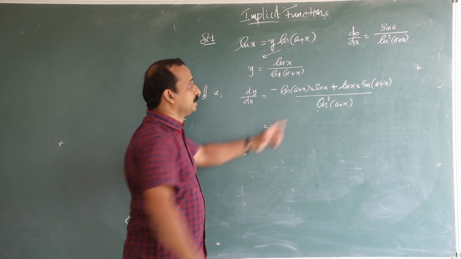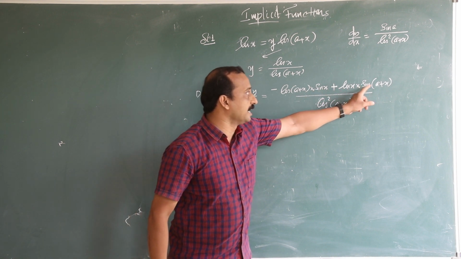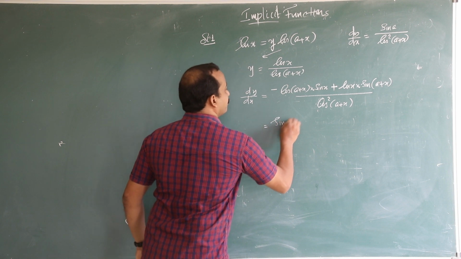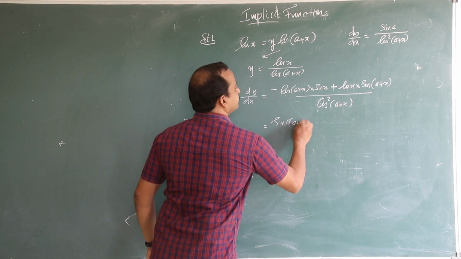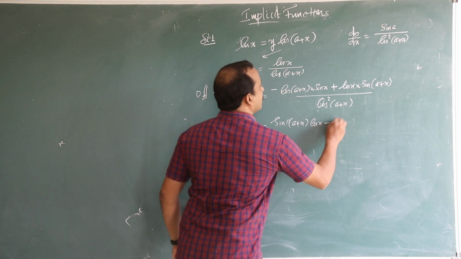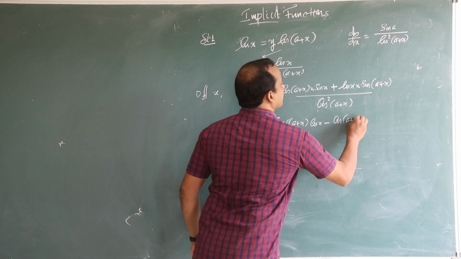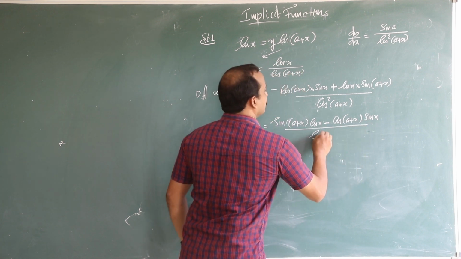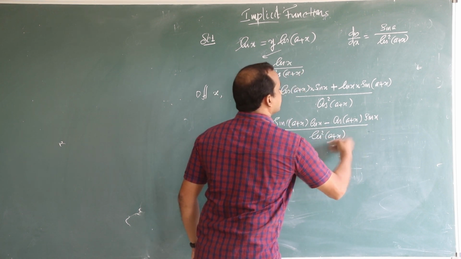That is equal to, your numerator is of the form sin a cos b minus cos a sin b. That means sin of a plus x into cos x minus cos of a plus x into sin x, the whole divided by cos square of a plus x.